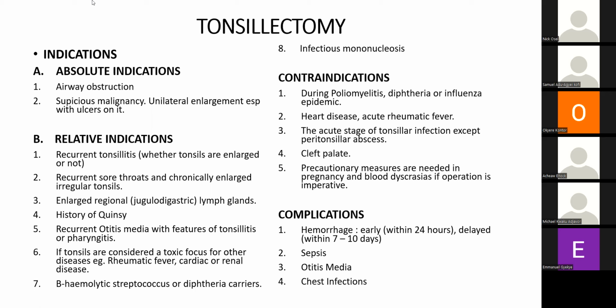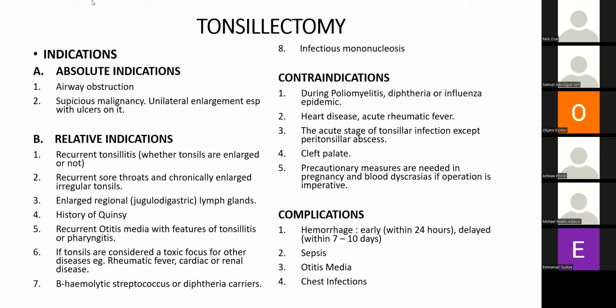When there's a history of heart disease or acute rheumatic fever, you may quickly want to correct these conditions before you consider a tonsillectomy. A tonsillectomy may worsen the condition. And also when there is an acute stage of tonsillar infection, except peritonsillar abscess. So when you have acute tonsillitis, but not a peritonsillar abscess, that one is a contraindication.